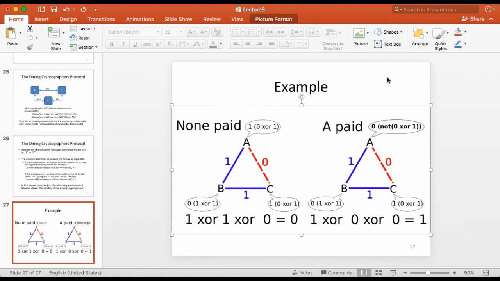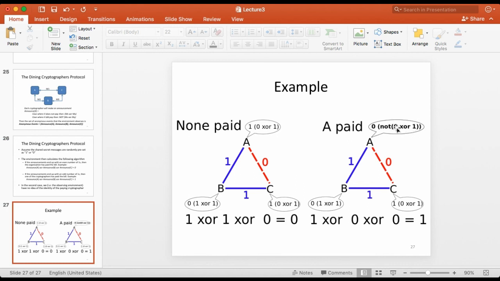On the right hand side example, you have here A paying for the dinner. So A decides that they don't want to burden the organization, and they will just fill the bill from their own pocket. And in this case, A will lie about the result of the XORing.